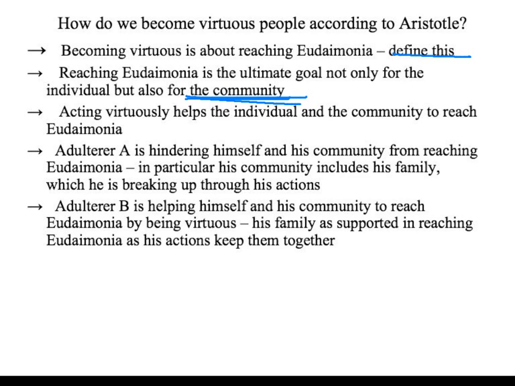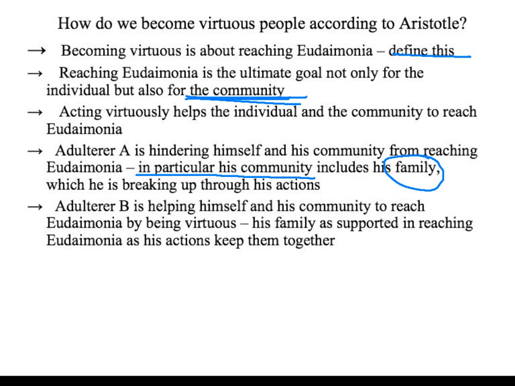Now, adulterer A, you could say, is hindering both himself and his community from reaching eudaimonia because he's acting in an unvirtuous way. In this particular example, his particular community is his family. Obviously, you need to be talking about the community generally that he is in, but his close community is his family.